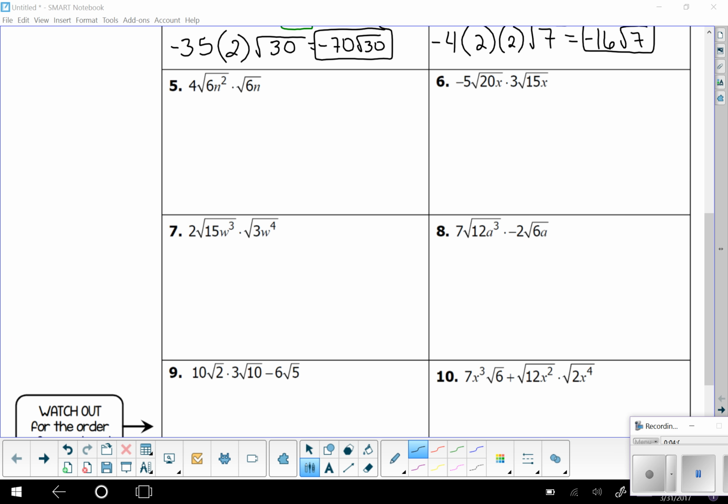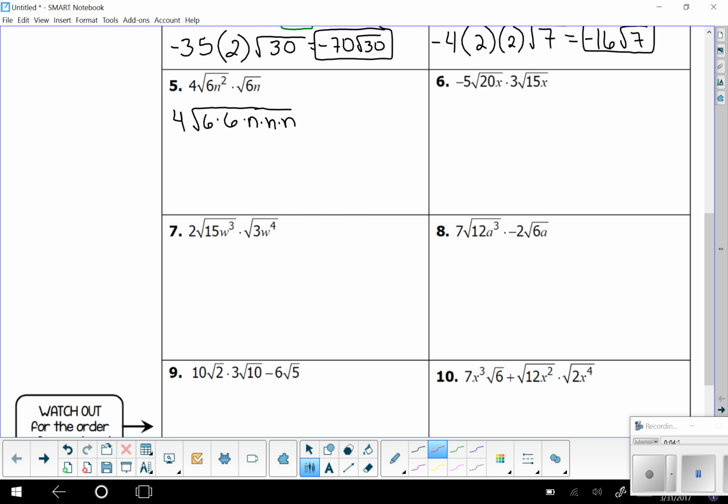Now it doesn't change if you have a variable. So for number 5, multiply the numbers on the outside. So you have 4, and then you put the numbers on the inside. You have 6 times 6, and then you have 3 n's. N times n times n.